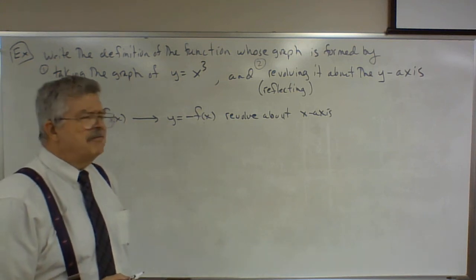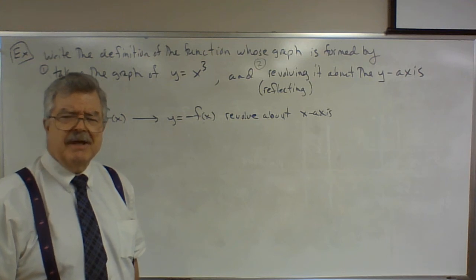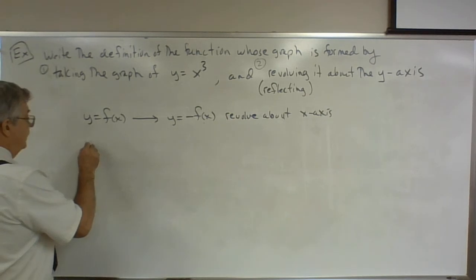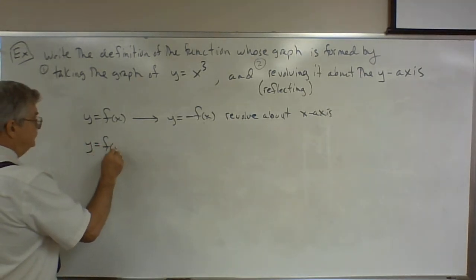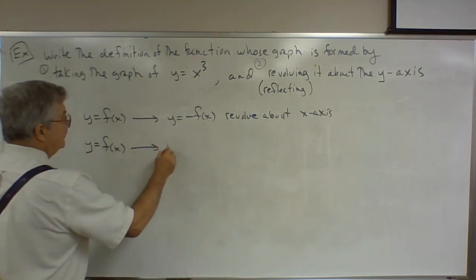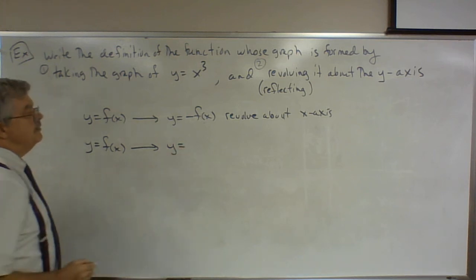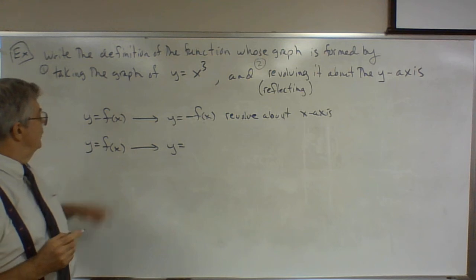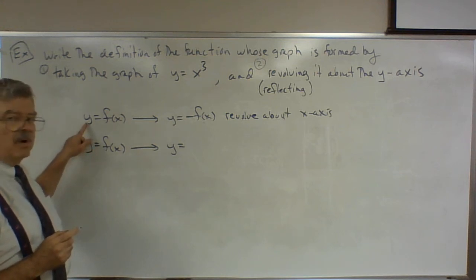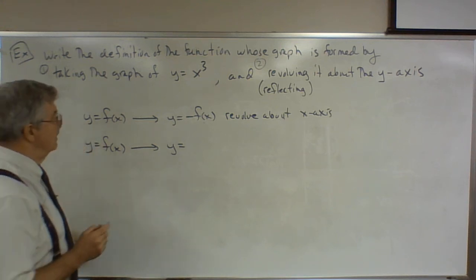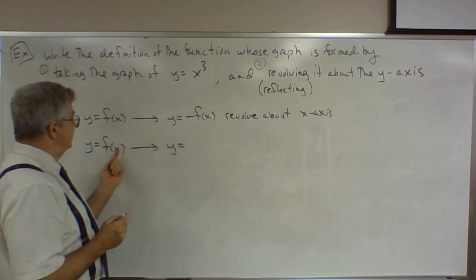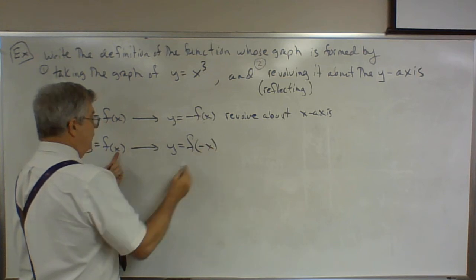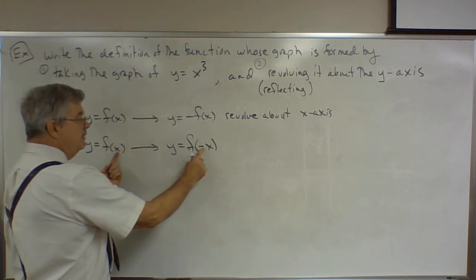To revolve it about the y-axis, I don't know if we talked about this or not, but here's what we do. To revolve it about the y-axis, we don't multiply the y-coordinate by -1. We multiply the x-coordinate by -1, which means the negative sign goes in here.